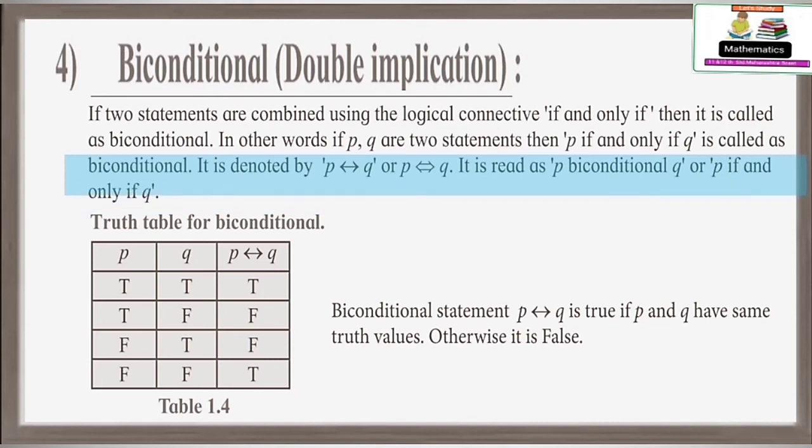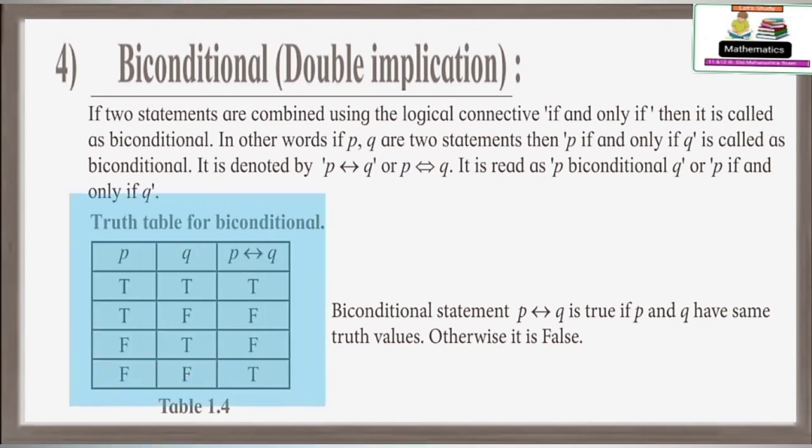It is denoted by P ↔ Q. The symbol is read as P biconditional Q, or P if and only if Q, or P double implication Q.